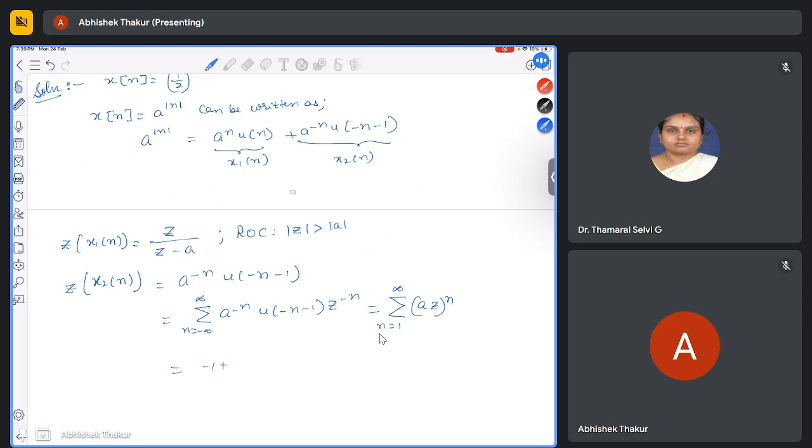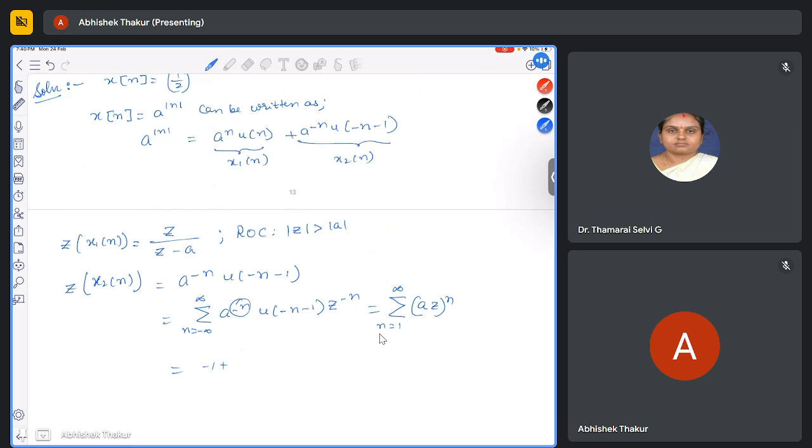So now we have taken (az)^n. When it was minus n, the value was negative, so this will become positive. Negative of negative will become positive. So we can write it as the summation of (az)^n from n is equal to 1. Now when you substitute n is equal to 0, it will become minus 1.